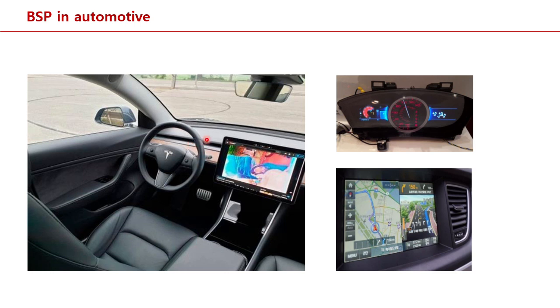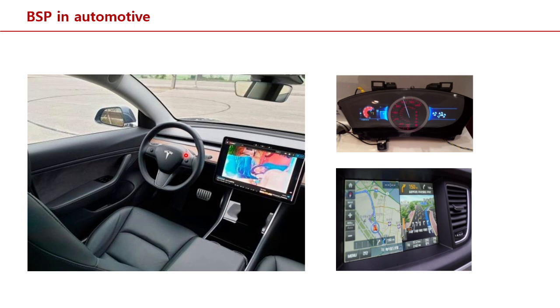If we split the cluster and navigation into two parts, this is considered the cluster. Here you can see the speedometer, and here is the RPM. This display is called the cluster, which provides critical information to the driver.